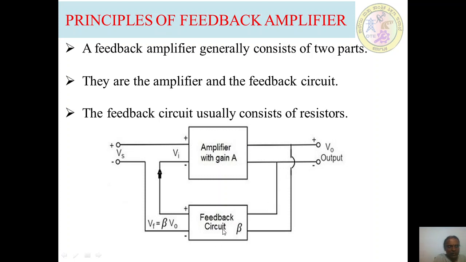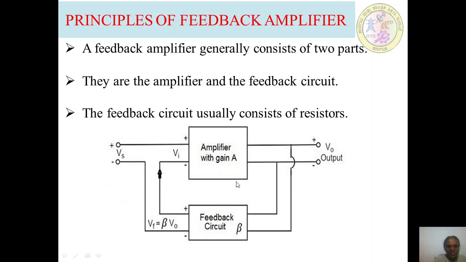In this type of amplifier, gain is always output by input. Here you have something called the feedback circuit, which calculates the feedback factor. This feedback factor is a ratio of the feedback signal and the input signal.